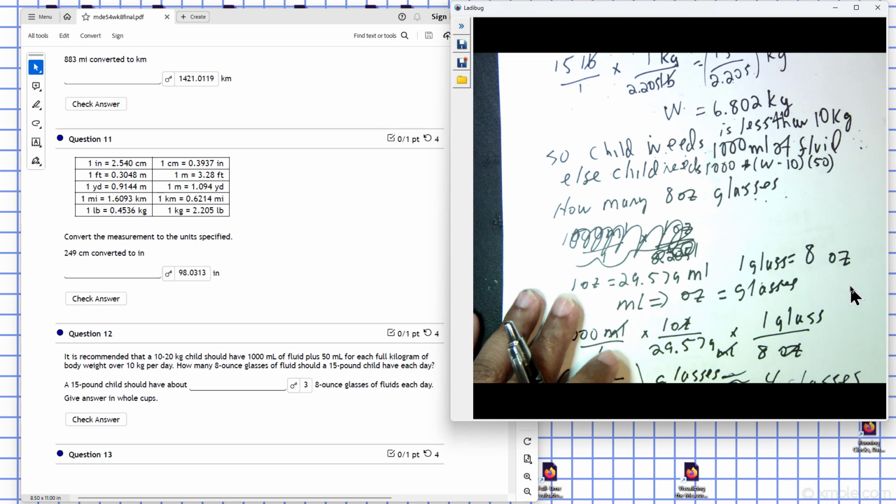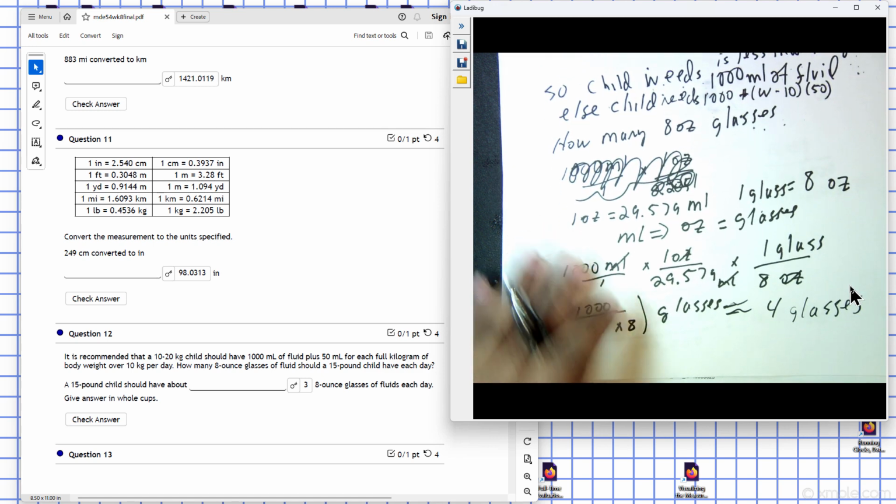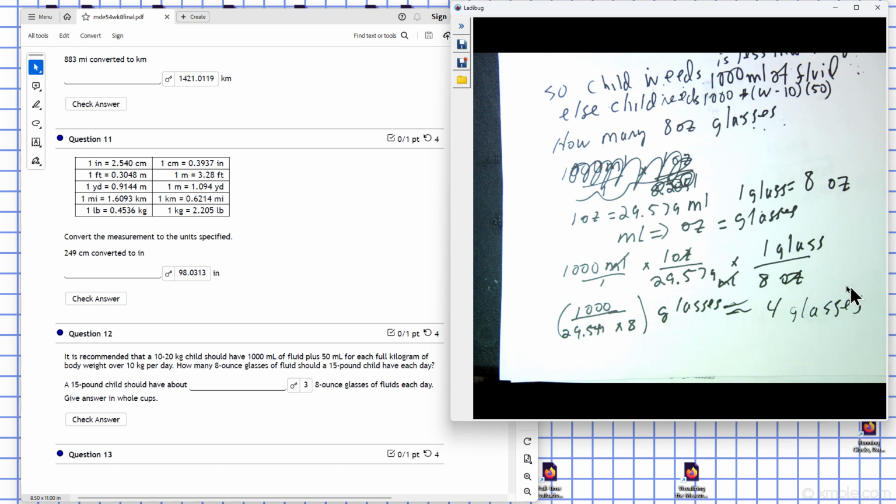So when I do this one here, I have 1,000 divided by 29.579, which gives me about 33 ounces, which comes to about 4 glasses. And that's the answer I have for that one.